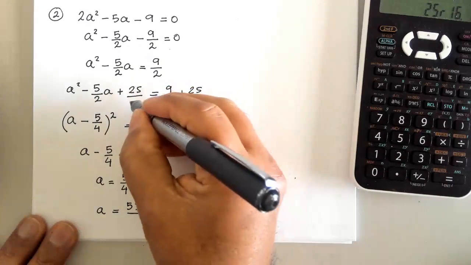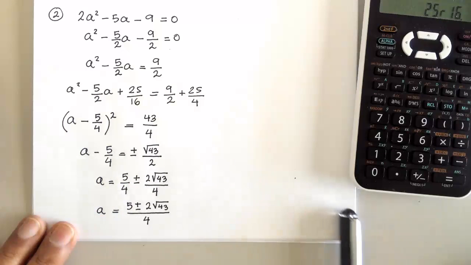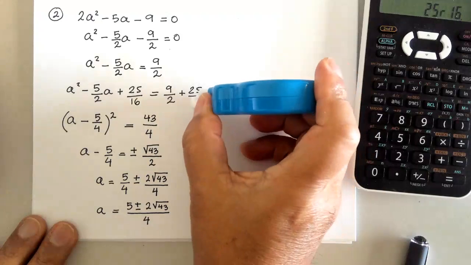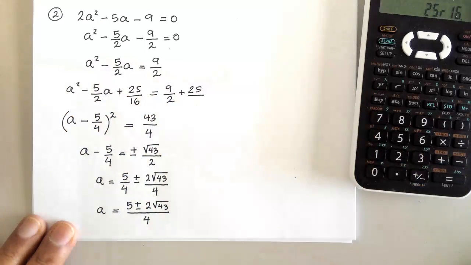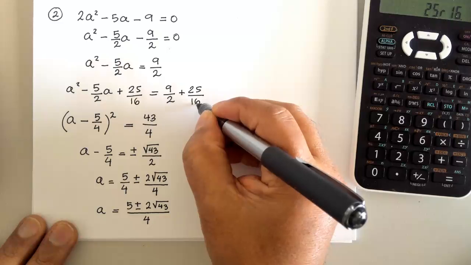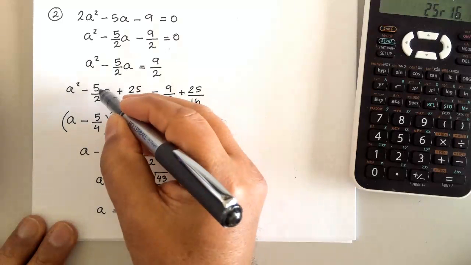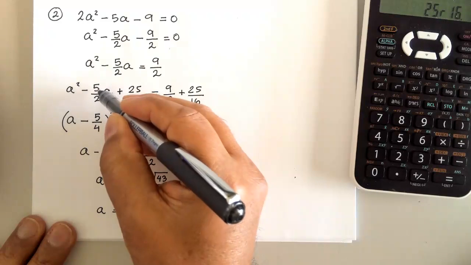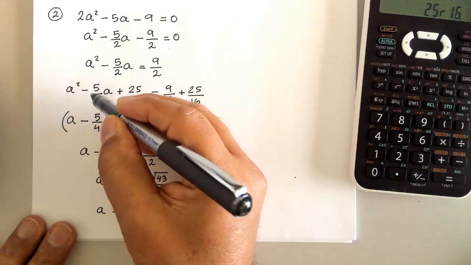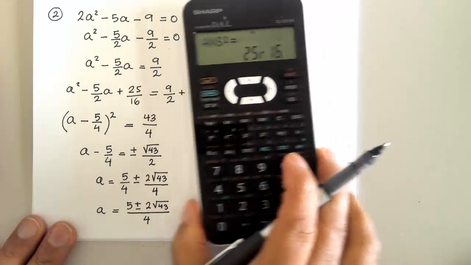So I'm going to change this over 16. And this is also 25/16. So this 25/16 is coming from doing 5/2 divided by 2 and then squaring. That's why we got 25/16.